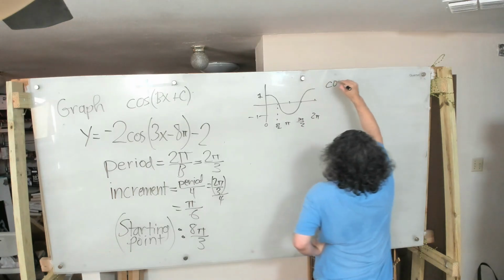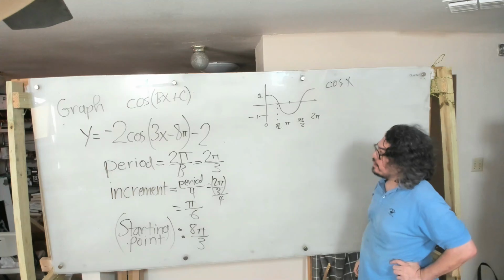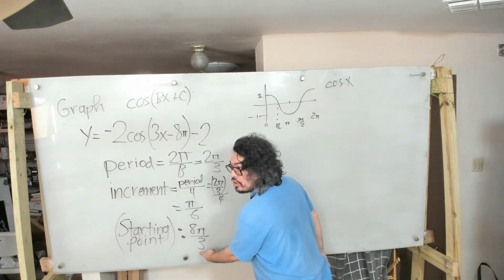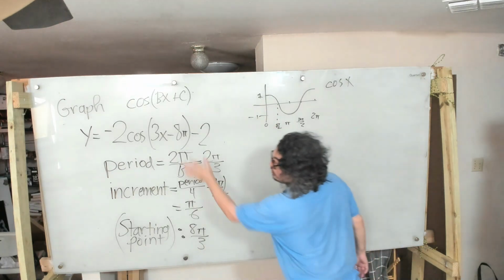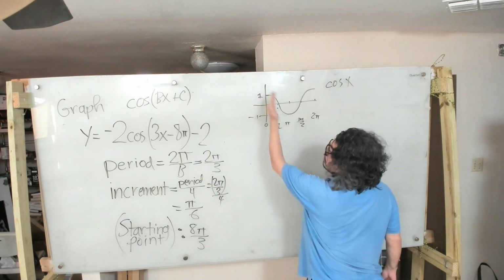This is the parent function, the cosine of x. And remember, the point of our starting point is that it tells us the corresponding x value for this function, where this is on the parent function.